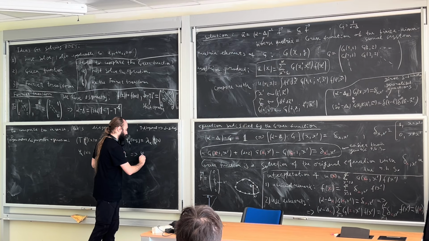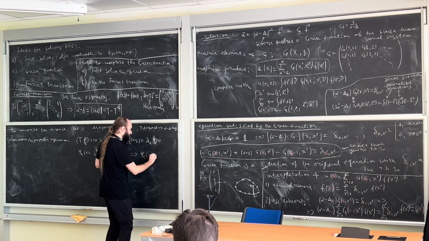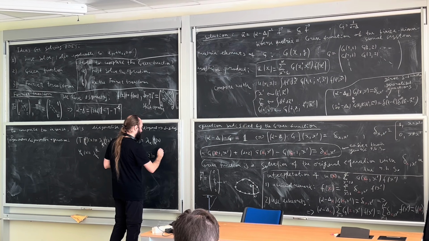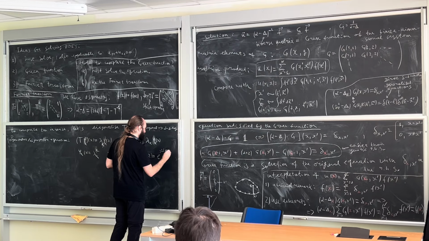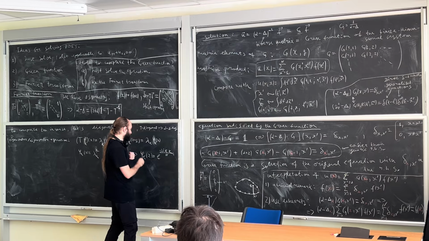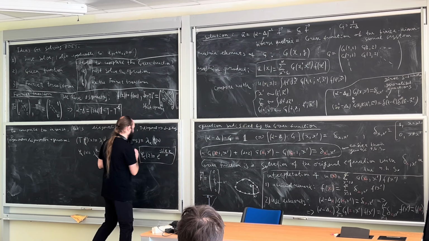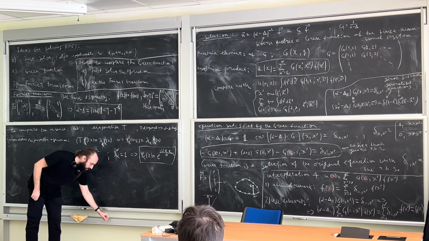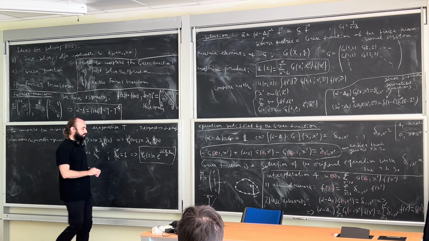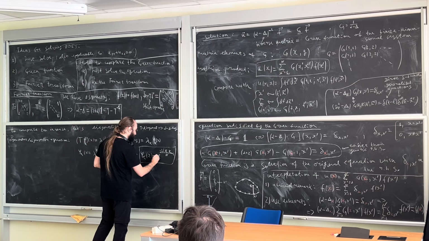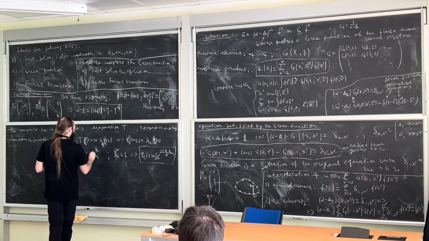So phi k of x equals e to the 2 pi i k x over n. And I can also normalize it by 1 over square root of n, but we'll discuss it later.